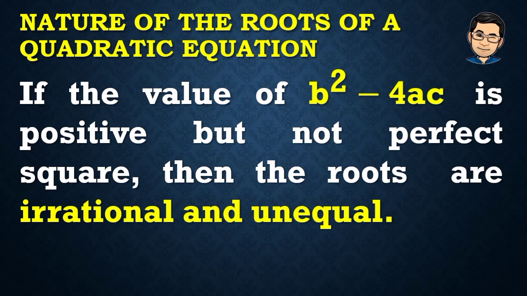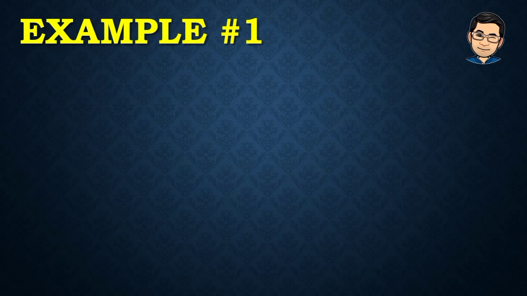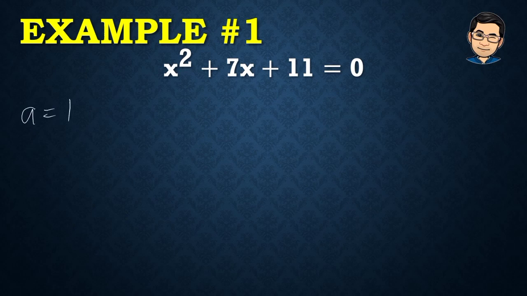Hindi sila pareho. So, example number 1, x squared plus 7x plus 11 is equal to 0. So, a is equal to 1, b is equal to 7, and then c is equal to 11.